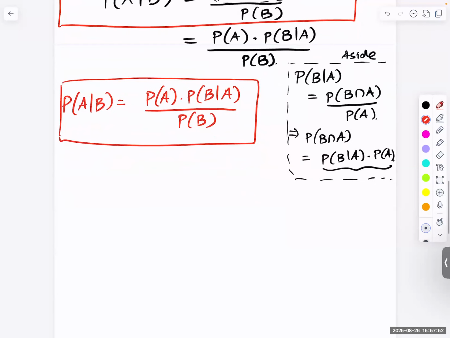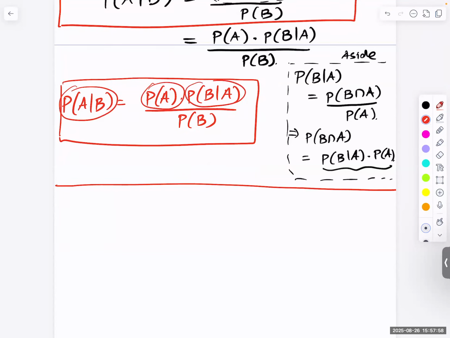Now, what is the interpretation of these terms? I want to talk about all of these four terms and try to give them an interpretation. So let's think about them.